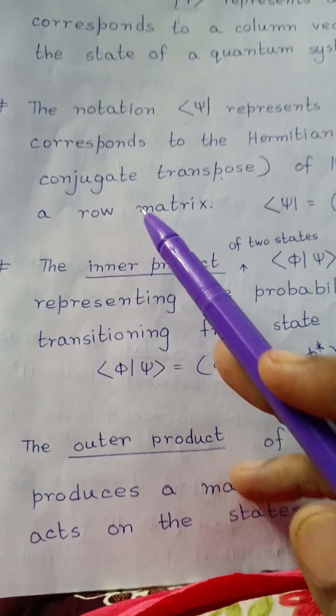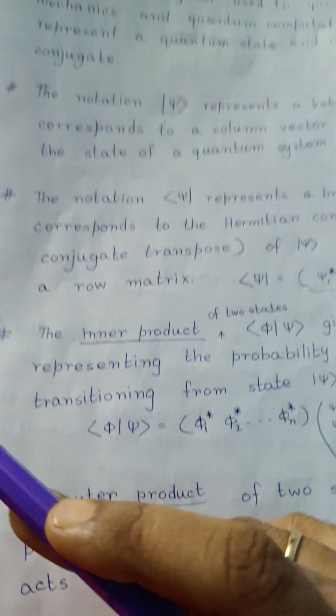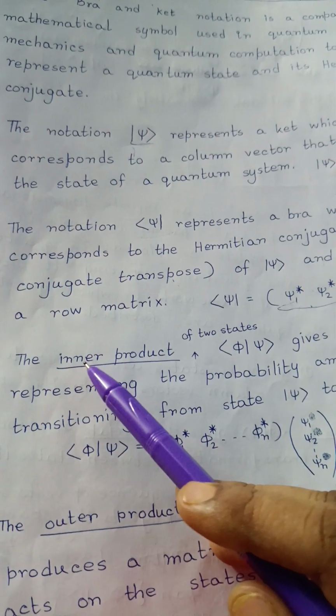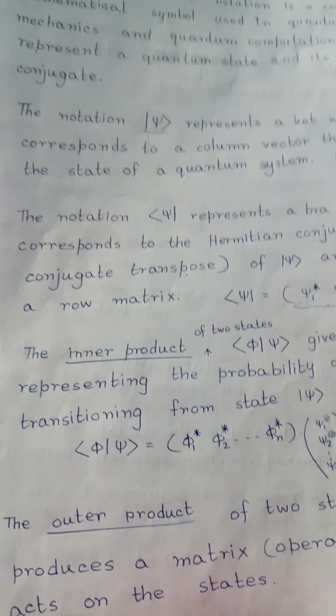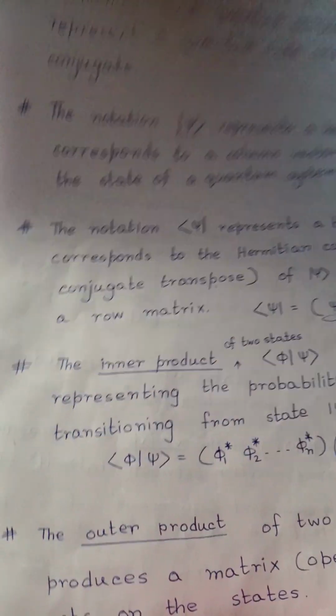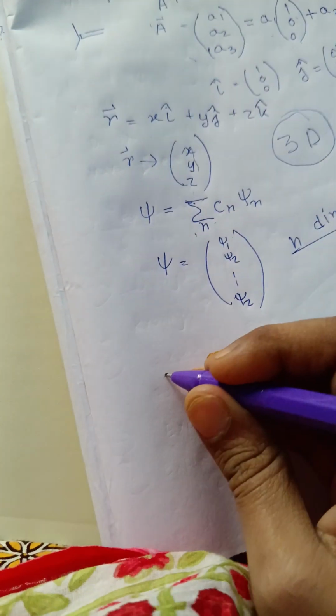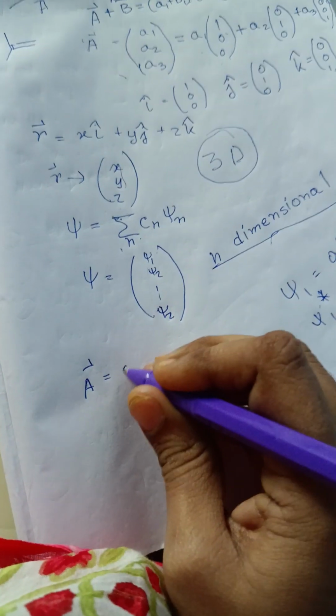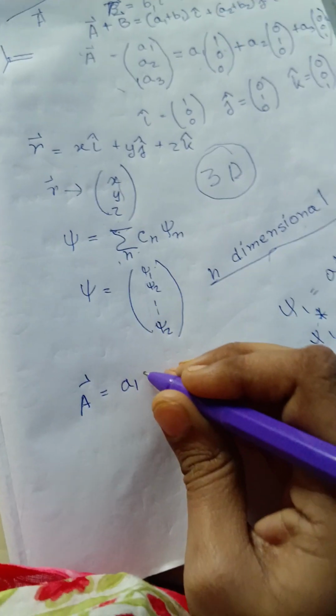Now, a very important concept both for linear algebra and for the properties of Bra and Ket notation is the inner product. So, to understand inner product, let us discuss the dot product of two vectors. I have already considered two vectors in my last lecture.